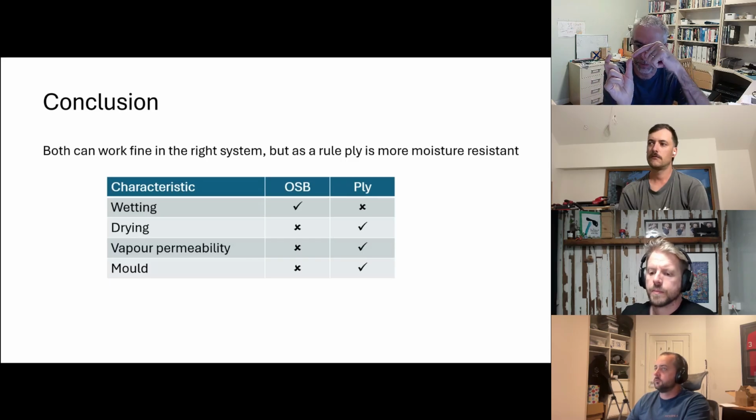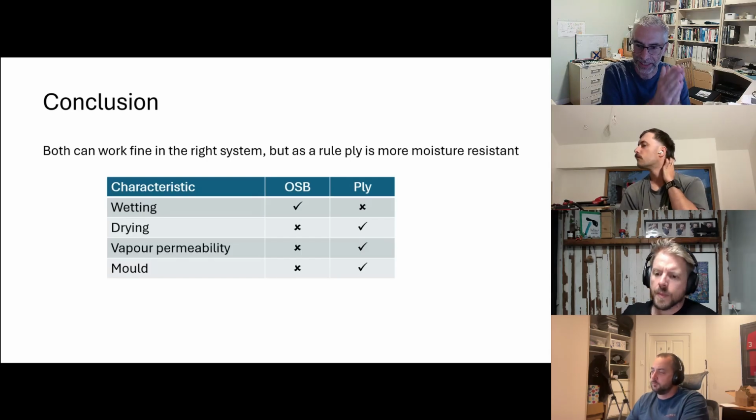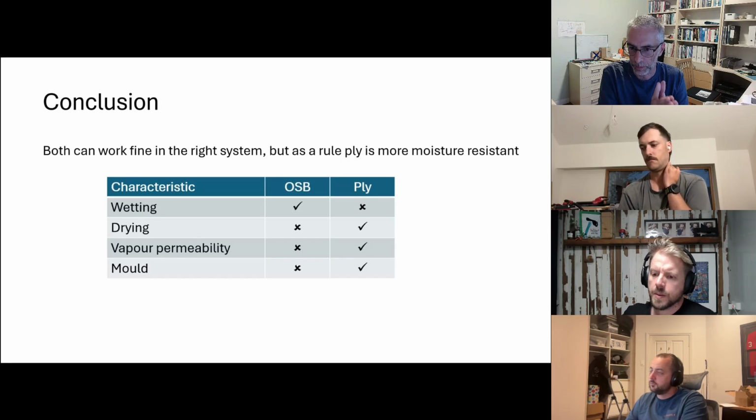You can imagine if I'm a vapor molecule trying to cross 5 centimeters of air, that's pretty easy. If I have to cross 20 meters of air, that's going to take me a lot longer. Those vapor permeable membranes are around 5 to 10 centimeters, while something like your plywood or your OSB is at least 5 meters. So as soon as you whack the sheathing on the outside of your wall, you're changing the vapor permeability of that assembly.